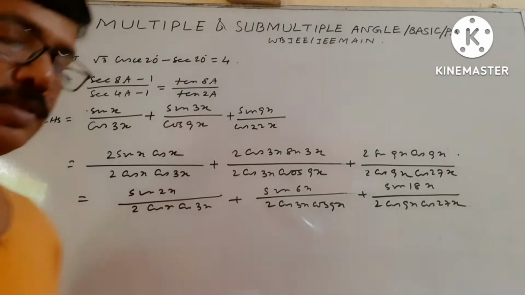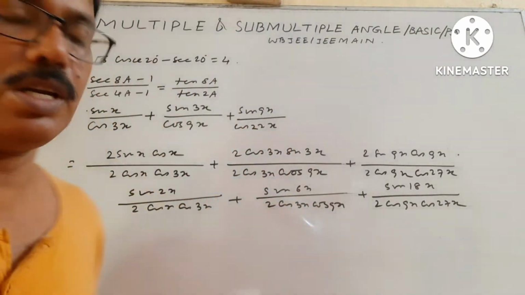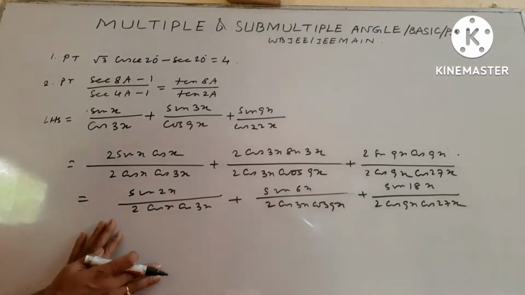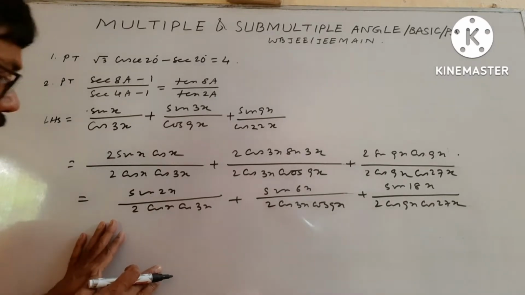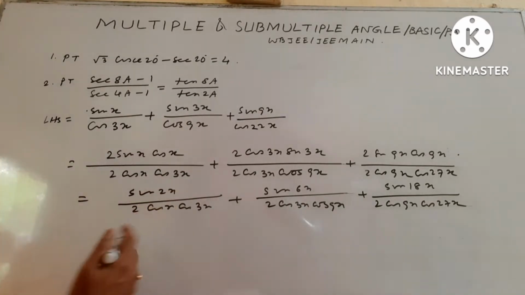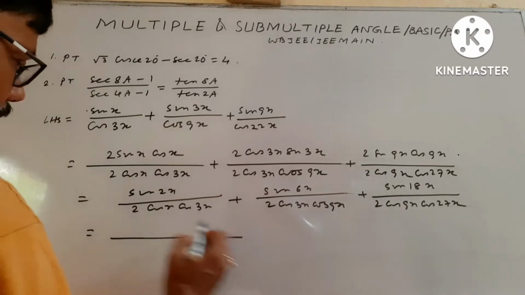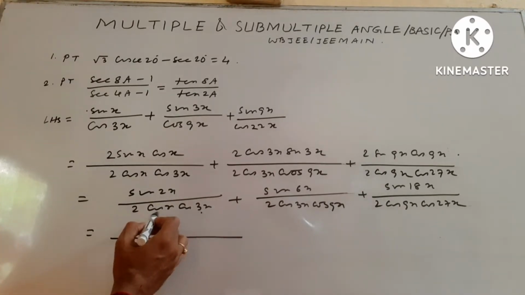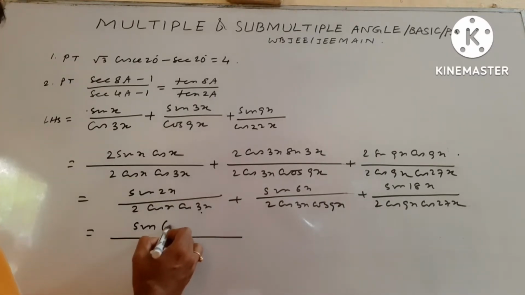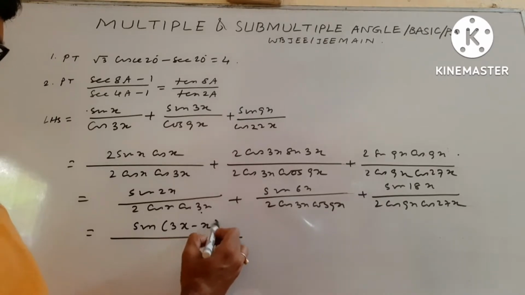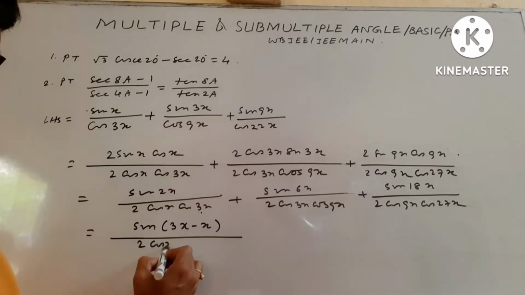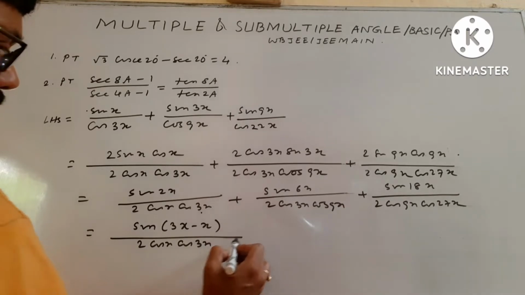Now look, an interesting property. Look, 2x: this angle can be expressed as a difference of the angles in the denominator. So you can write 2x as 3x minus x over 2 cos x cos 3x.